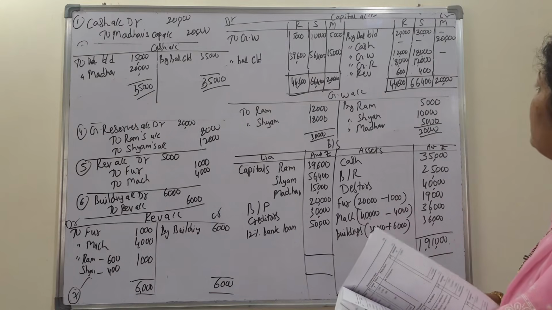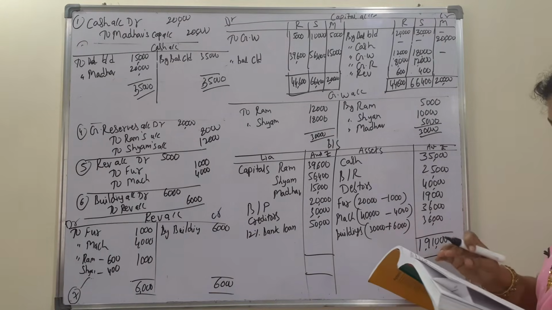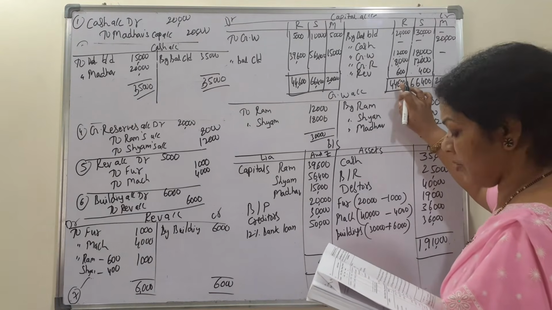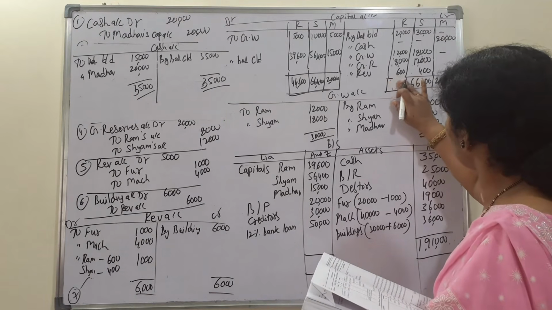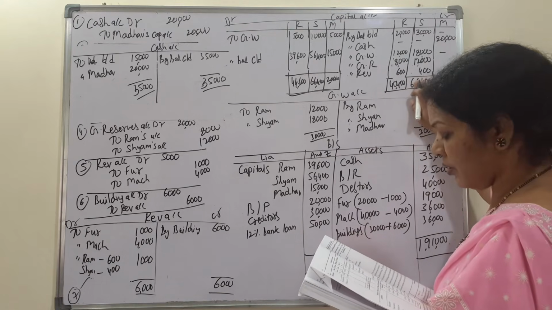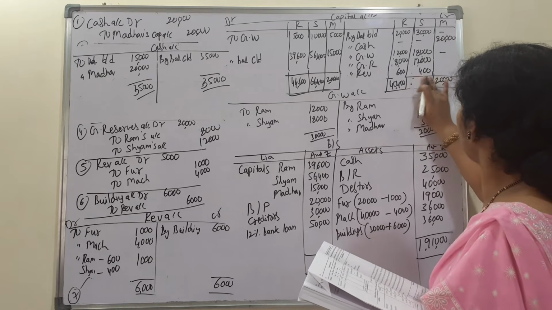And so the total will be changing. So it is 40,400. And this is 60,600.